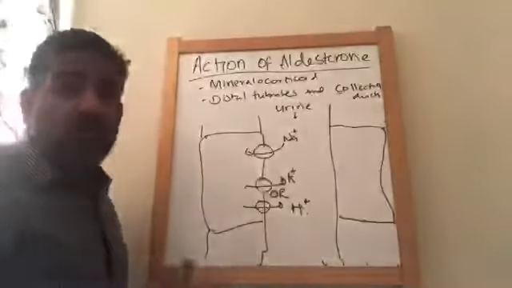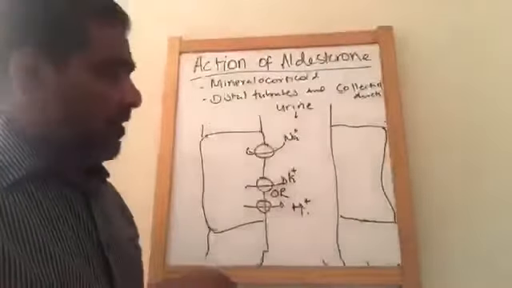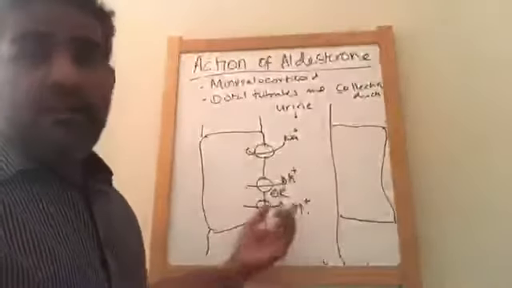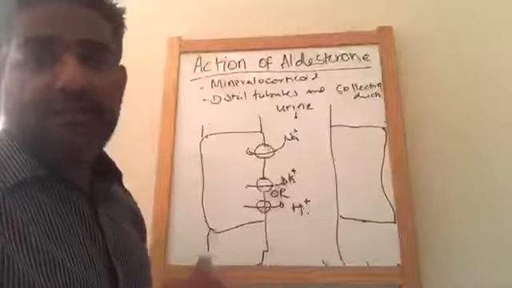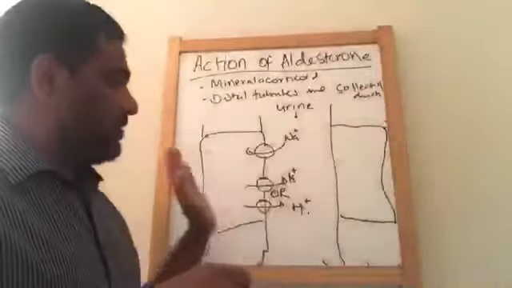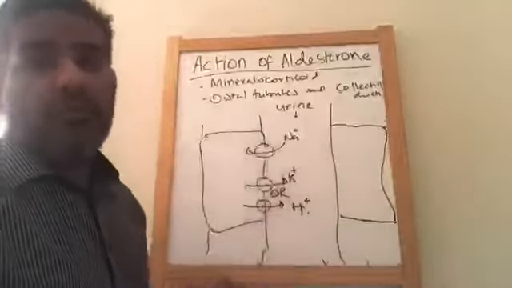Most of the time it pumps out potassium. Sometimes it pumps out hydrogen ions in conditions such as hypokalemia or acidosis. In those conditions, it pumps out the hydrogen ion instead of potassium.